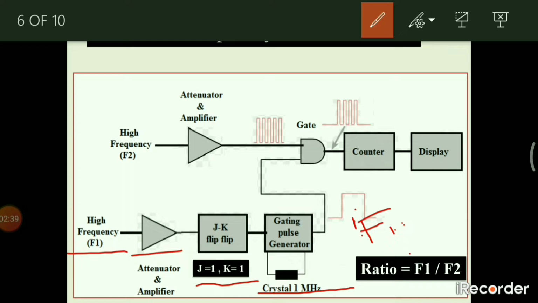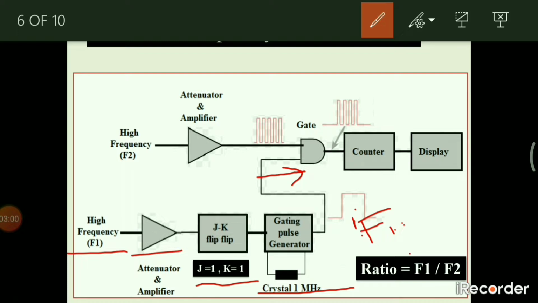F1 is the square waveform with the number of cycles completed in 1 second, that is the F1 signal, the high frequency signal. Then this is given to one input of an AND gate. So this is about the high frequency signal F1.